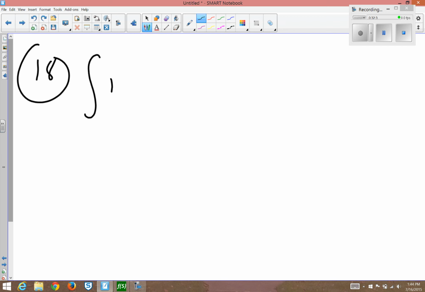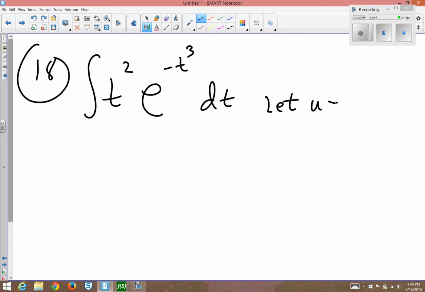The integral of t squared e to the negative t cubed dt. If you've never done this before, it could take a while to make a decision for what to let u equal. I've done this before, so I'm going to let u equal this exponent, negative t cubed.